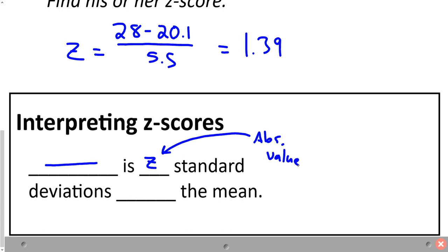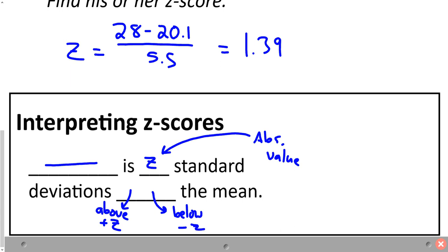But that just means that if it was negative 1.39, that means it's below the mean. So we're going to say this many standard deviations, either above or below. Above will be a positive z-score before you do the absolute value, and below will be a negative z-score.